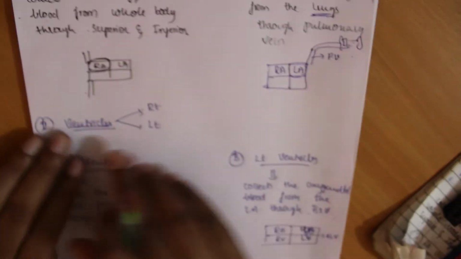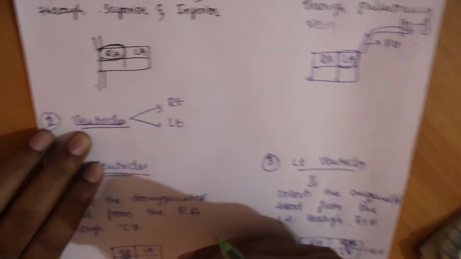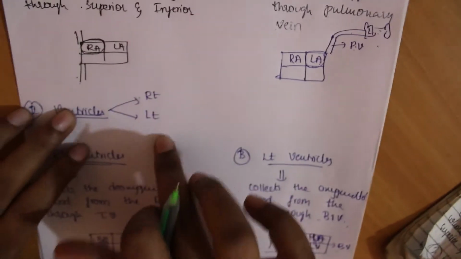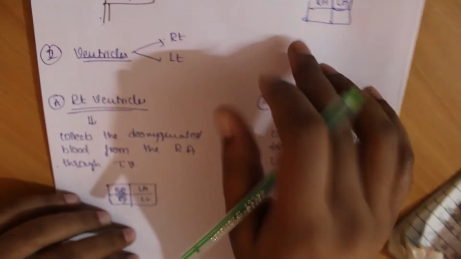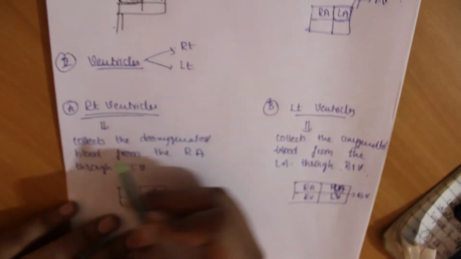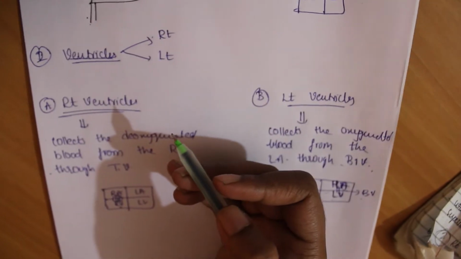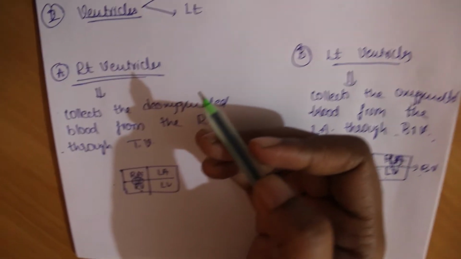Now move on to the ventricles. Ventricles are located in the lower chamber. The lower two chambers are called ventricles. They are divided into right and left. What is the main function of the ventricles? The right ventricle collects the deoxygenated blood. As I already said, the deoxygenated blood is collected in the right auricle.